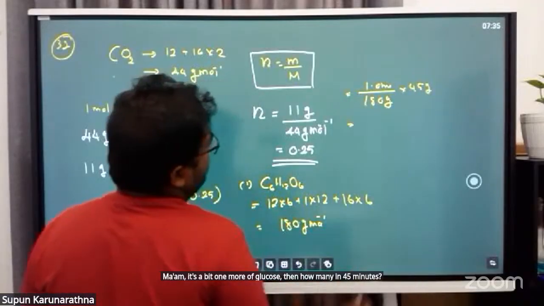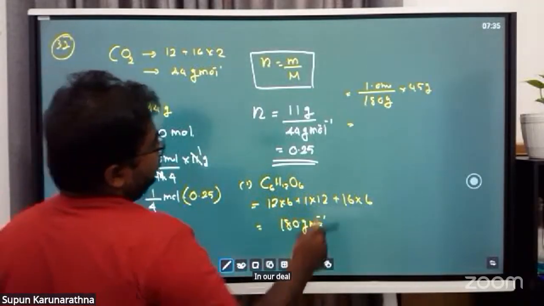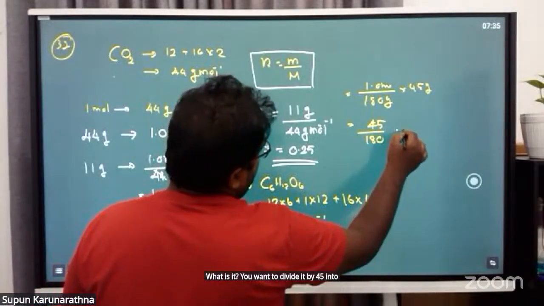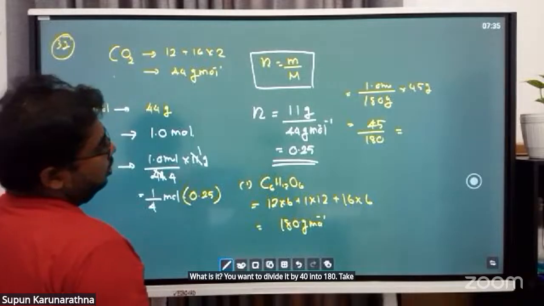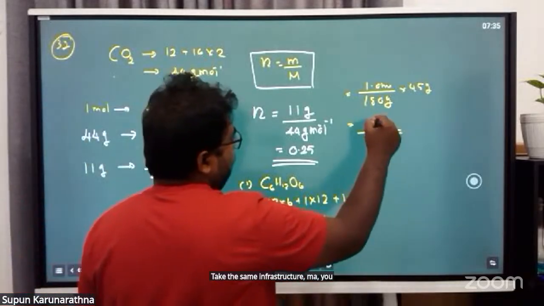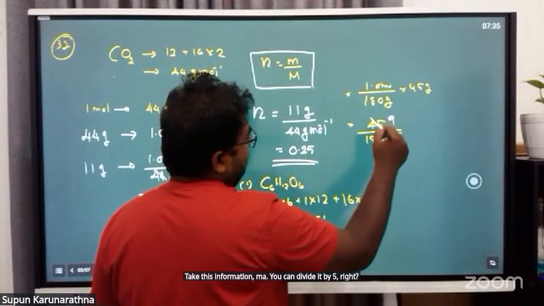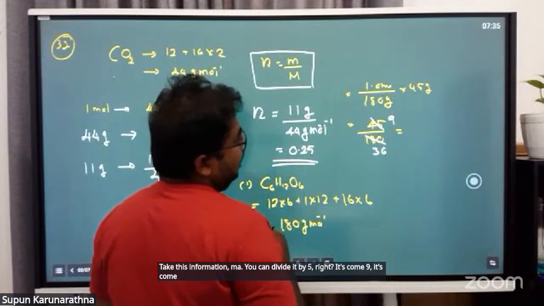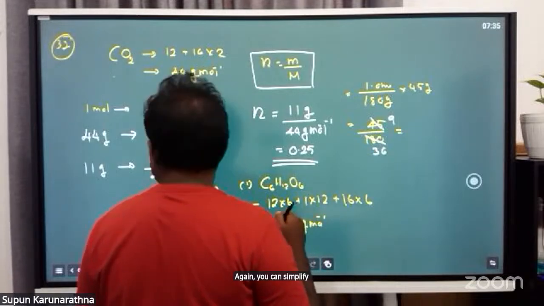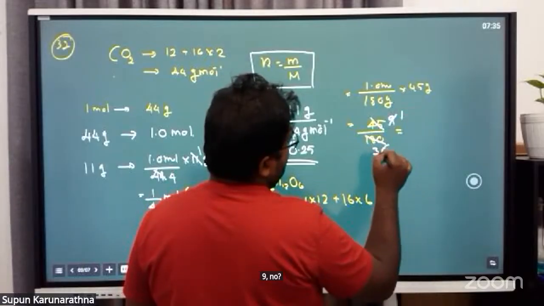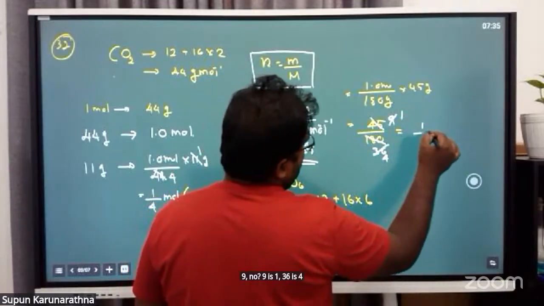You need to divide 45 by 180. Take the simplest fraction. You can divide by 5, it becomes 9 over 36. Again, simplify by 9: 9 is 1, 36 is 4. Then it comes to 1 over 4 mole.